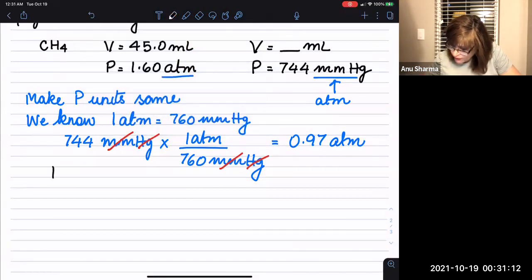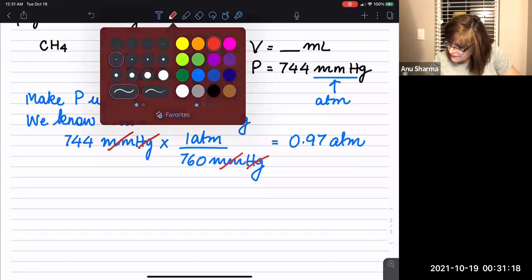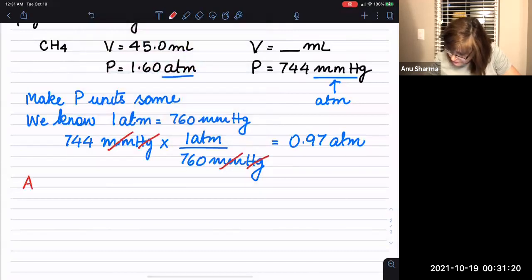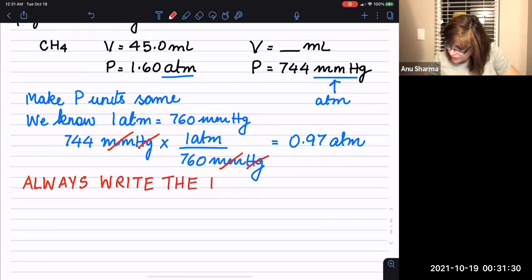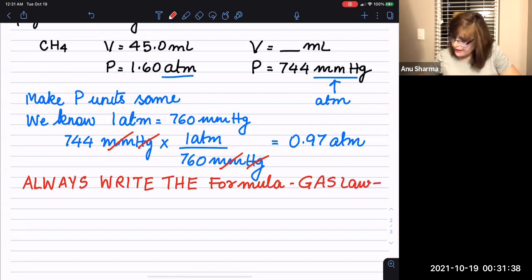Next, we set up this problem. We always write the formulas for the gas law when you show your working.